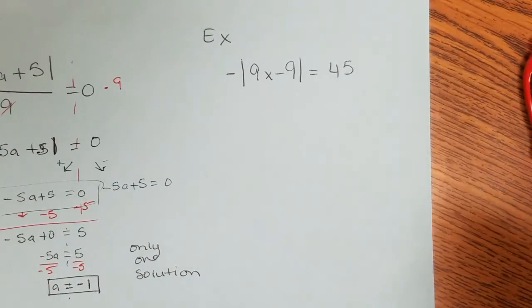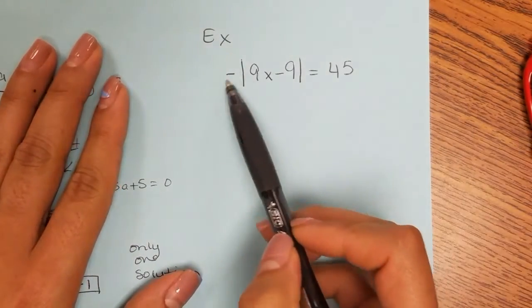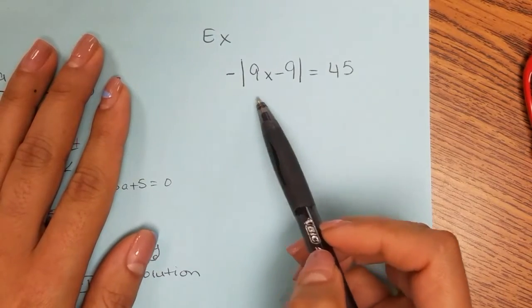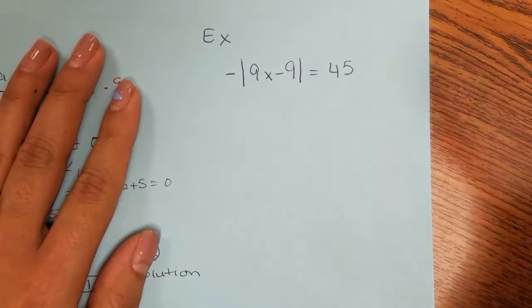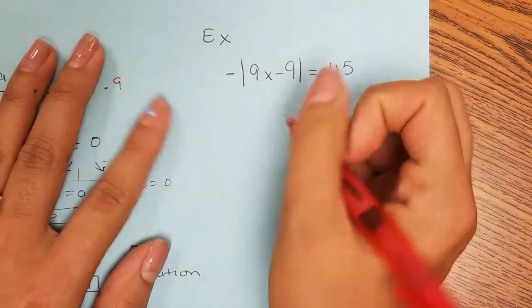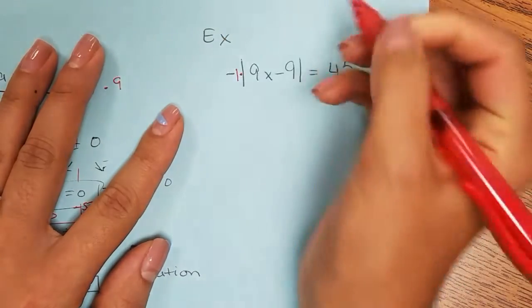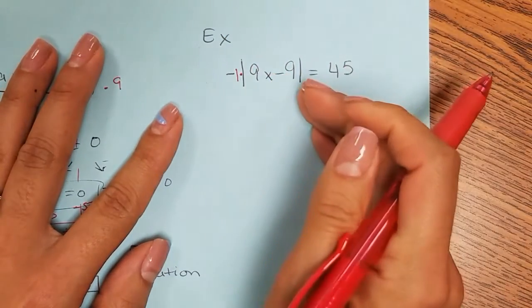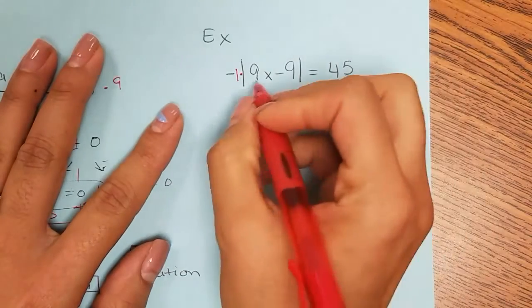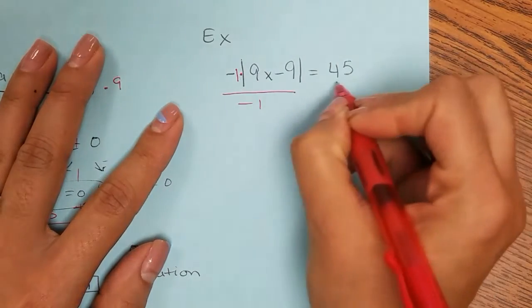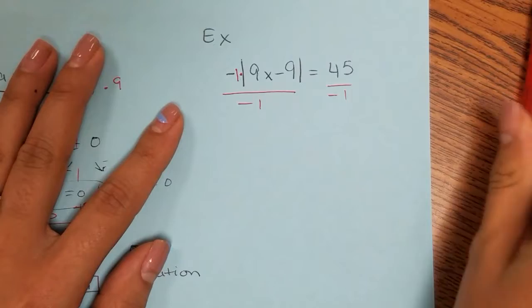Over here, you guys need to be careful. A lot of times I'll see you guys add 1 here, but this isn't adding or subtracting. It's negative 1 as your coefficient times that absolute value. So in order to get rid of it, you have to divide by negative 1 on both sides.